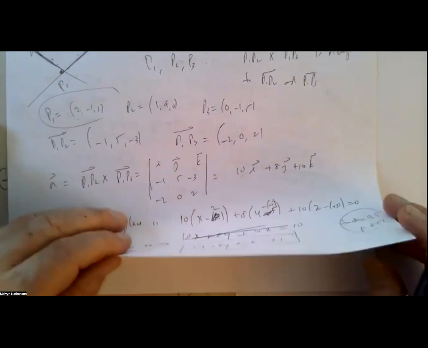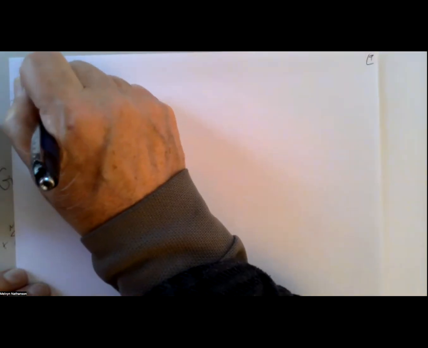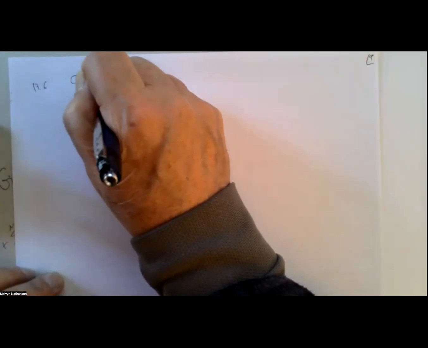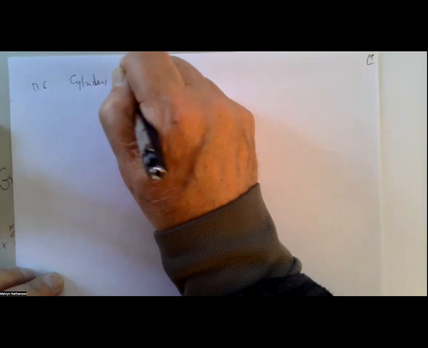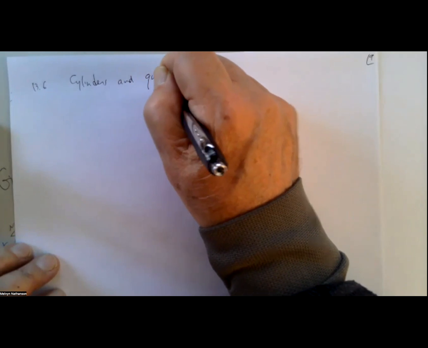So this brings us to section 13.6, which is today's lesson: cylinders and quadric surfaces.